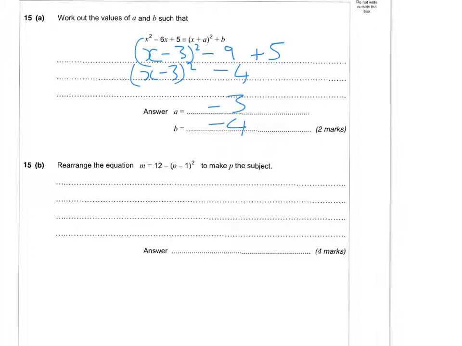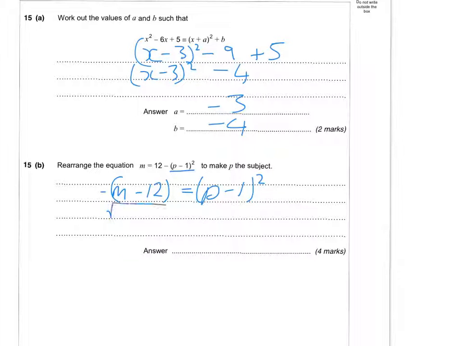Rearrange the equation to make p the subject. Okay, so I've got to get that part by itself first, so negative m minus 12 is equal to p minus 1 squared.